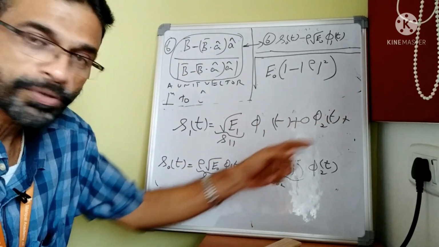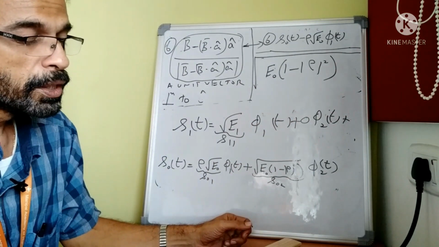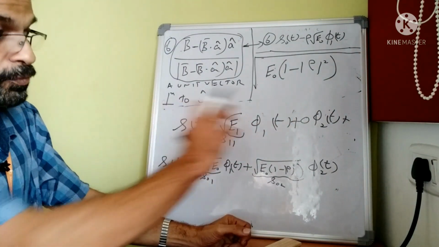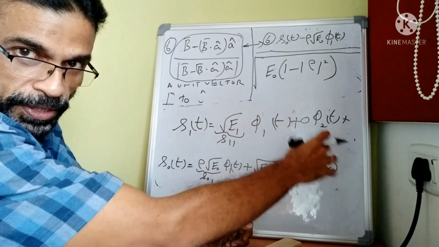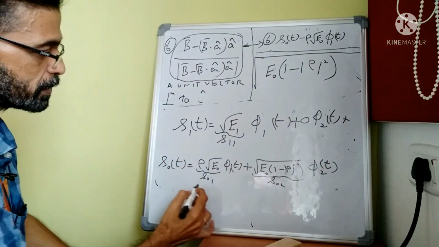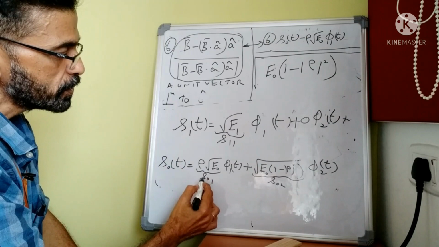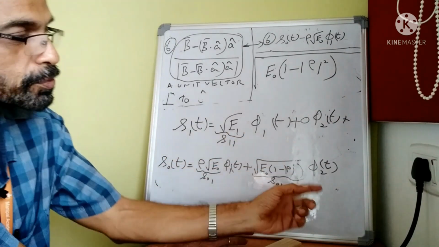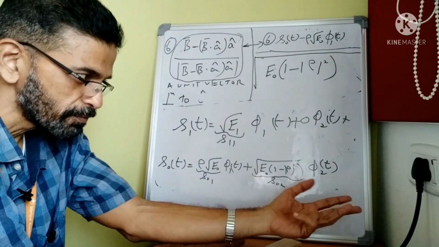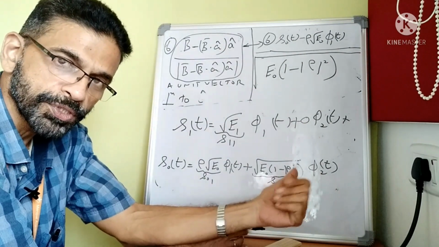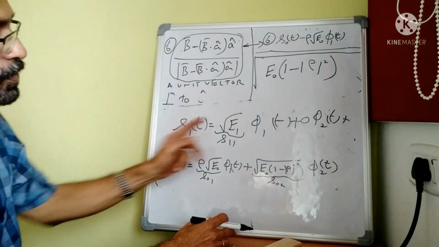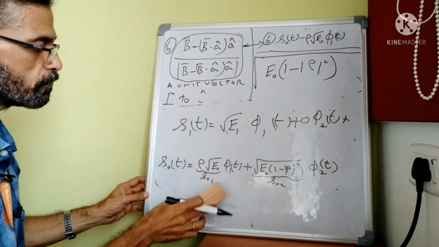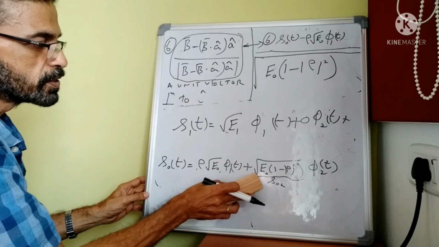We don't have to bother because s12 is 0, s13 is 0, s14 is 0, and similarly s naught(t) is s01 phi 1(t) plus s02 phi 2(t). Again s03 is 0, so the phi 3 coefficient is 0, phi 4 coefficient is 0, and so on. So this is our series. We now have the series representation of the signals.